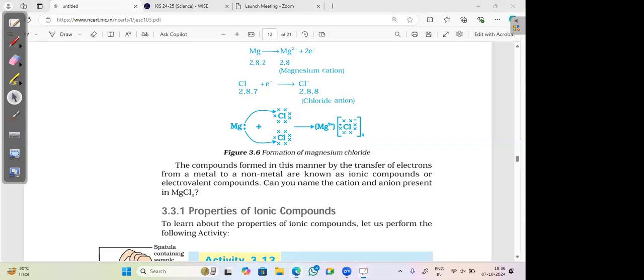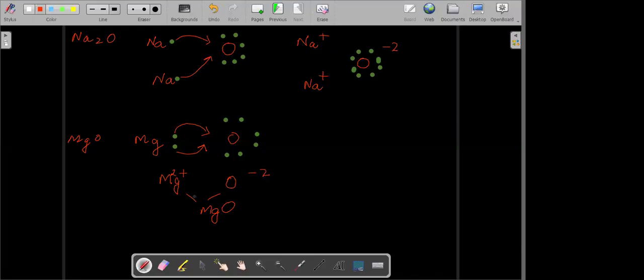So either you show like this, they combine together to form MgO, or you represent like this. You write here Mg 2 plus, you write here oxygen minus 2. So these are the 2 ions, and hence your compound MgO is formed. The same can be shown here also.